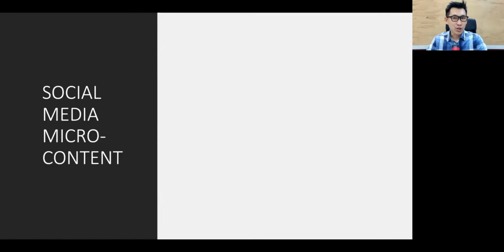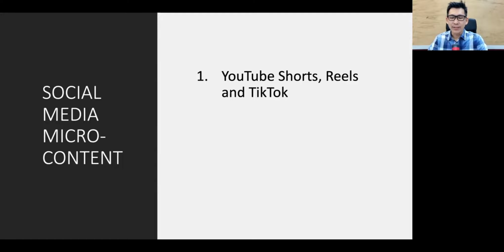Micro content are short videos. They are particularly effective on three main channels: YouTube, Facebook, and Instagram. Depending on how you look at it, we can consider Facebook and Instagram as two different platforms, or one platform, because both of them are called Reels, and then there's TikTok. So these are short videos.